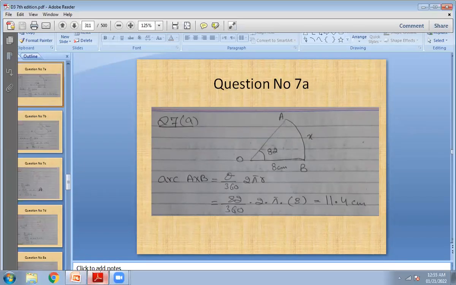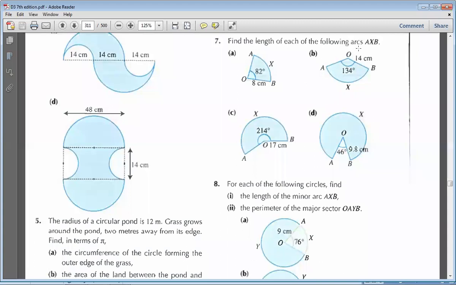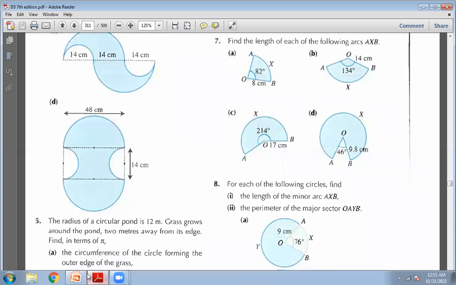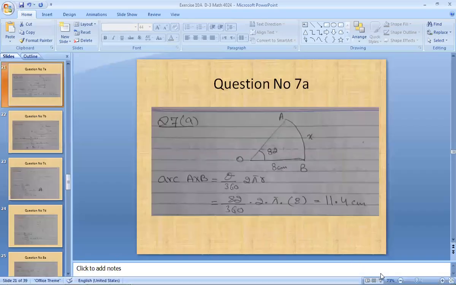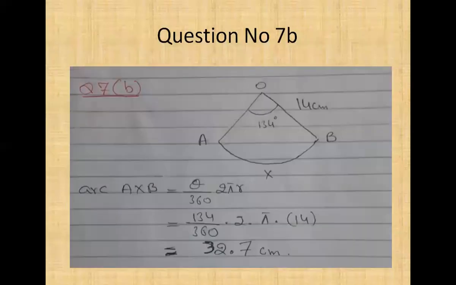For the next question, the B part, an arc is given. The angle subtended at the center is 134 degrees. The radius is 14 centimeter. They want us to calculate the arc AXB. The formula for the arc AXB is theta divided by 360 times 2 pi r.